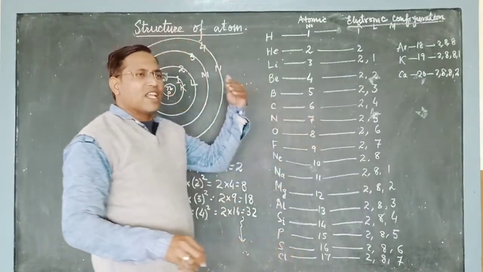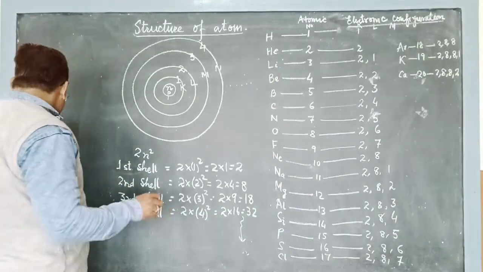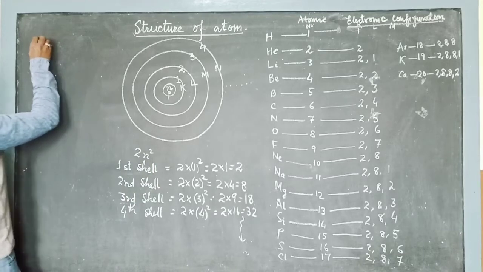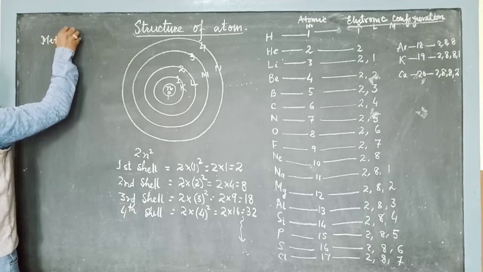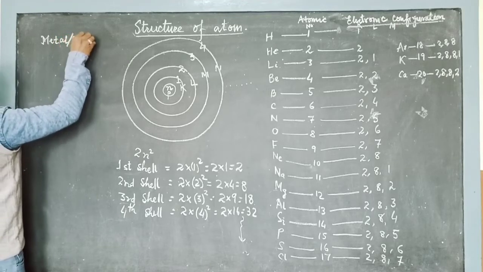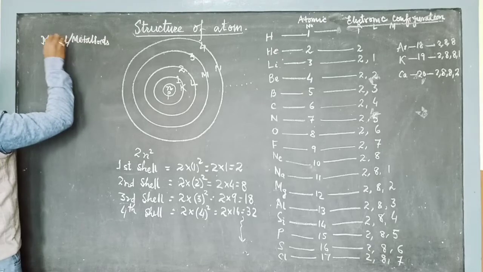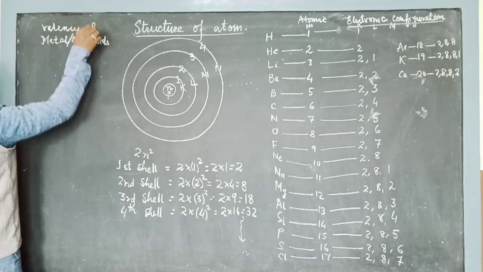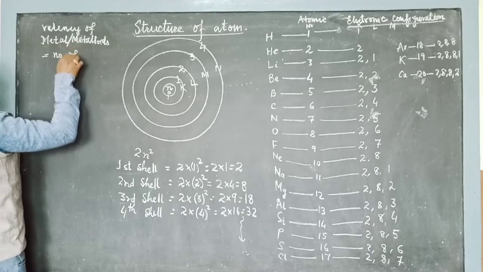So that is their valency and that is their valence electron. This is what we have for metals and for metalloids, because metalloids will also share the same. For metals and metalloids, valency is equal to the number of valence electrons.